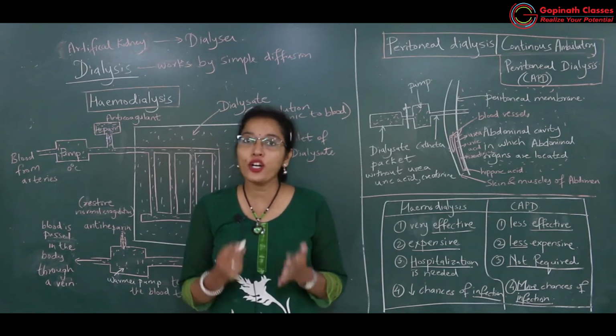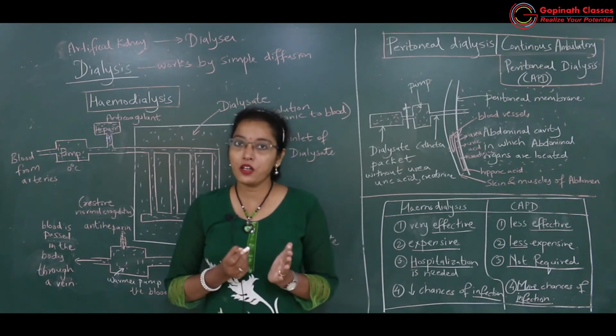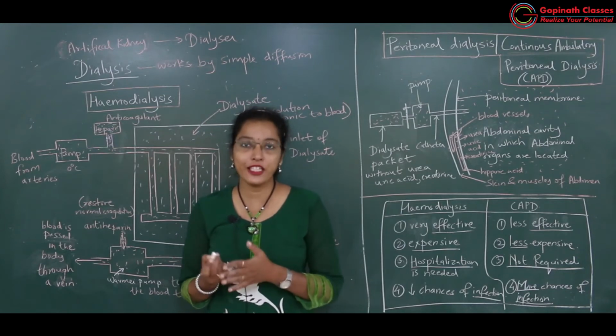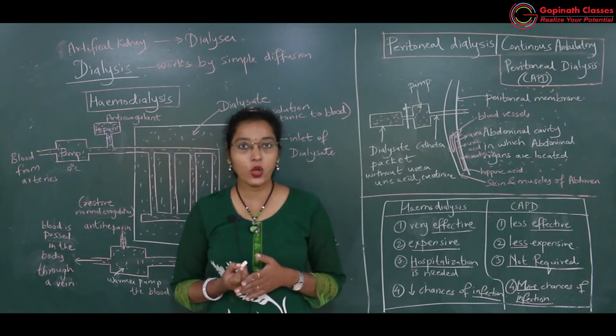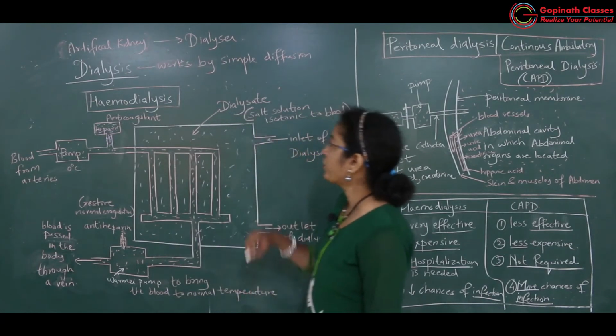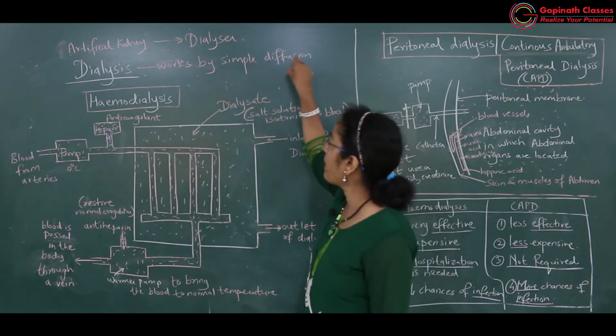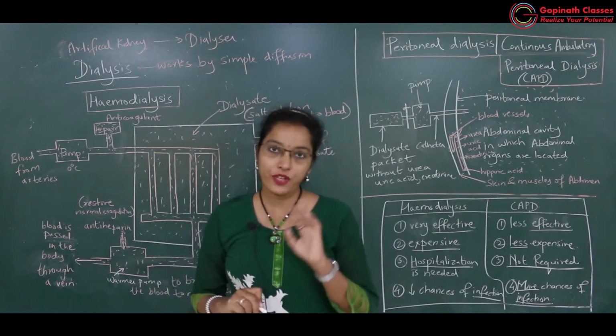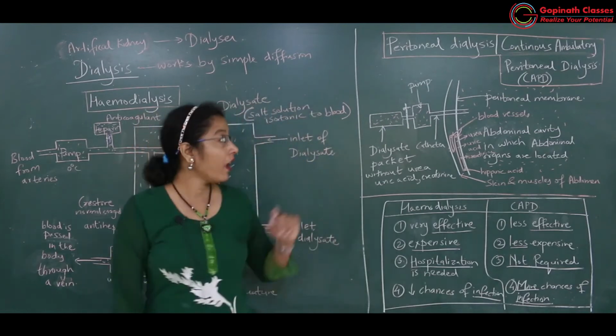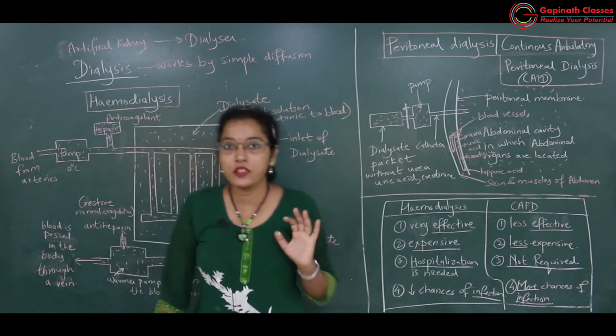Dialysis is not for resuming the activities of the kidney which are related to hormonal control. Dialysis works by simple diffusion. Here we will be learning two types of dialysis, hemodialysis and peritoneal dialysis.